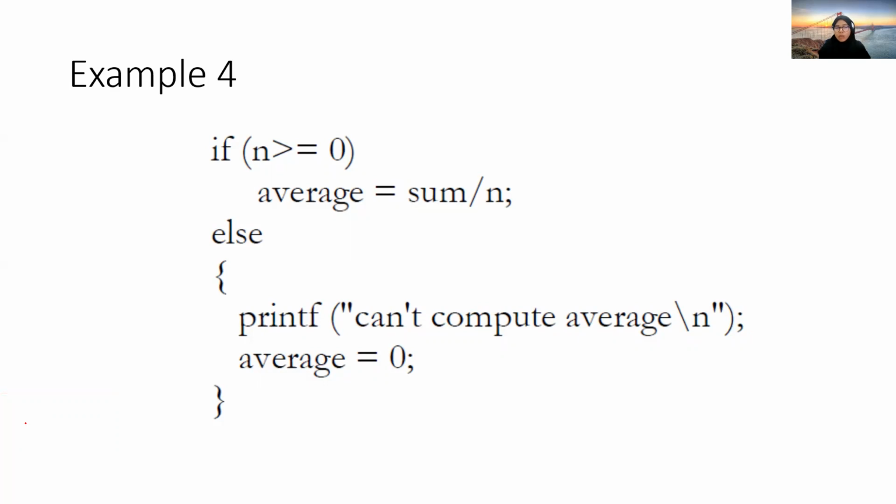Okay, when you see something like this, average equals to sum divided by n, and n is bigger or equals to 0. Just try to analyze this condition expression first. Okay, what if n equals to 0? What's going to happen?